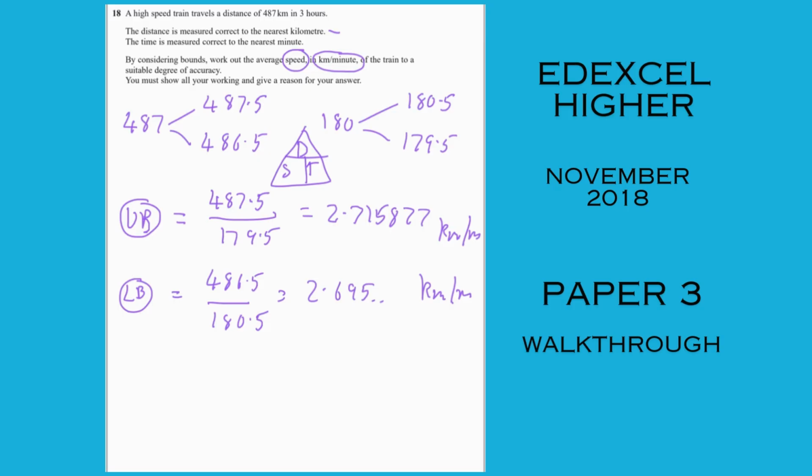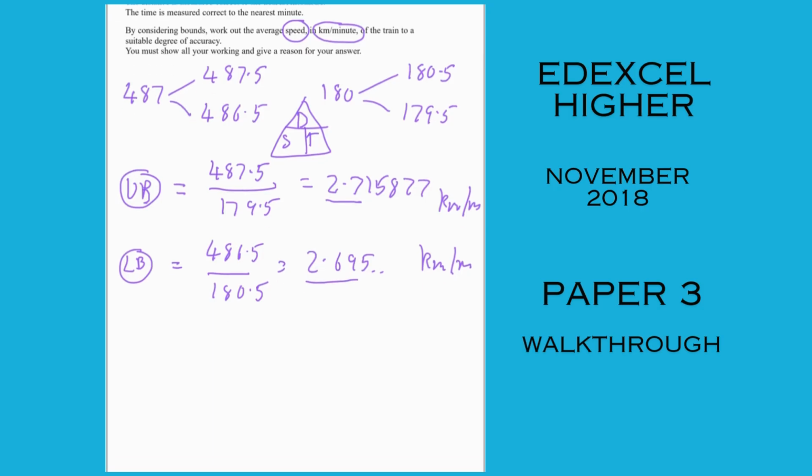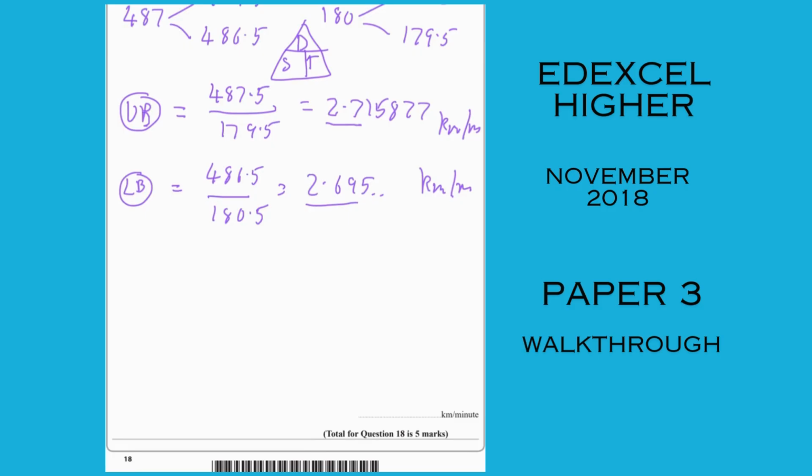By considering bounds, work out an average speed to a suitable degree of accuracy. Now, if you look at that number there, 2.7, and that number there, 2.7, if we round both to 1 dp, we get 2.7 kilometres per minute.